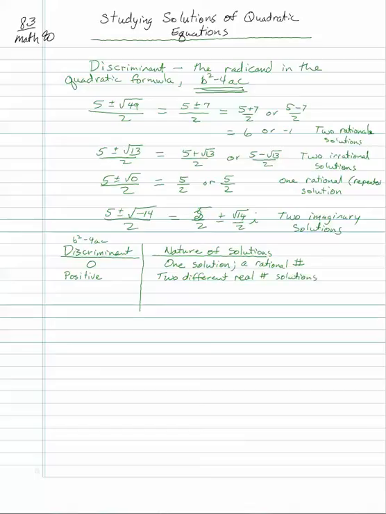And it breaks down into two cases that I showed you above. If it's positive and a perfect square, meaning like 49, square root of 49 is 7, square root of 25 is 5, so a perfect square, meaning that you can square root it, then the solutions will be rational numbers.